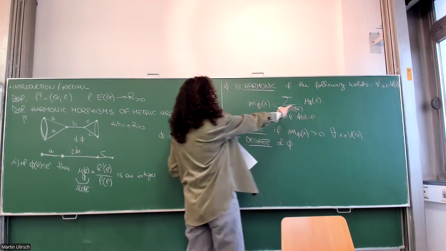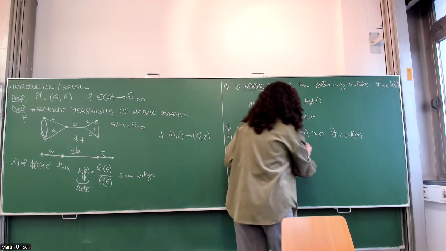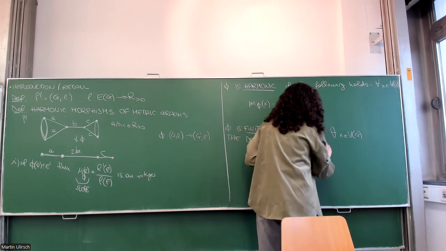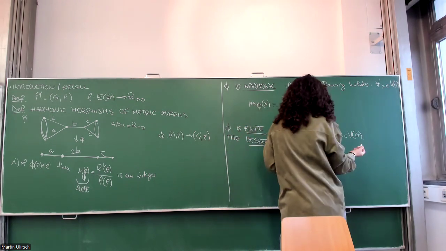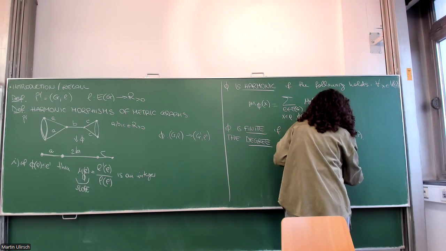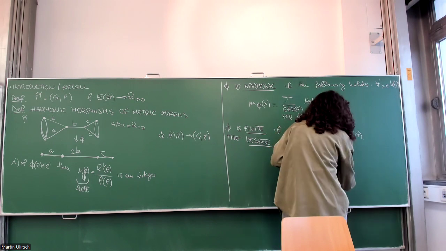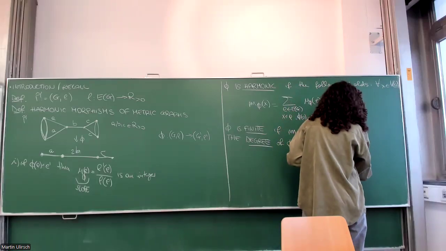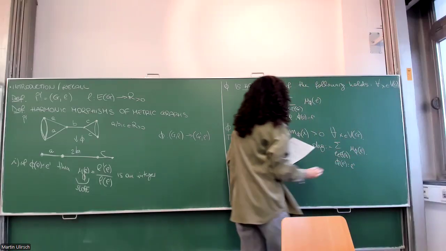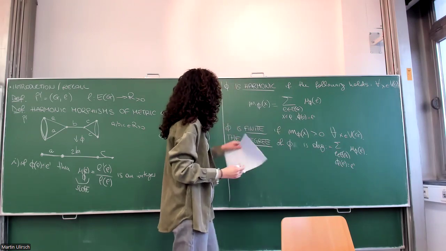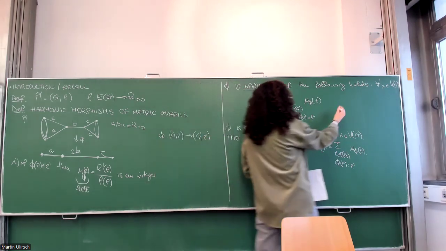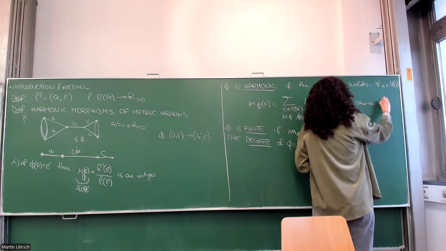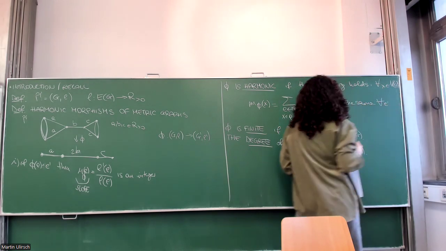And the degree is the sum of the multiplicities of phi, the sum over all edges, and obviously this has to be the same for all choices of E prime.